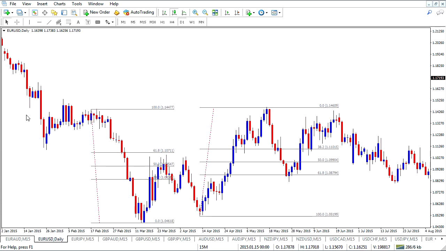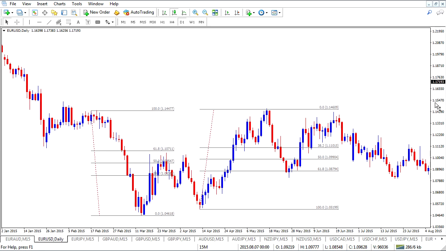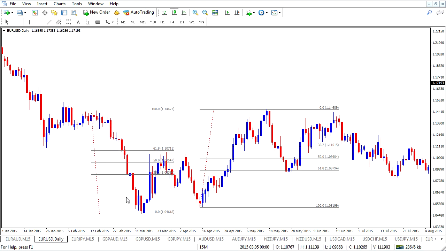And we'll find this all over the place. I've got a couple more marked off here. So we have a market move down, and it retraces up to the 0.618 or the 61.8% level. So this move up is 61.8% of this entire move. And again, we have a move up and a retrace to the 0.618 or 61.8% level, and then the market takes off from there.